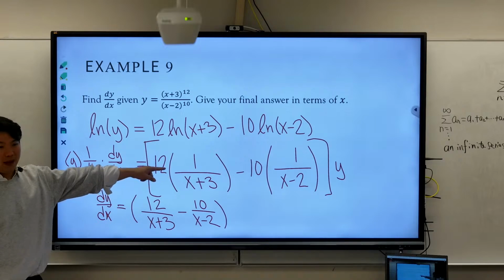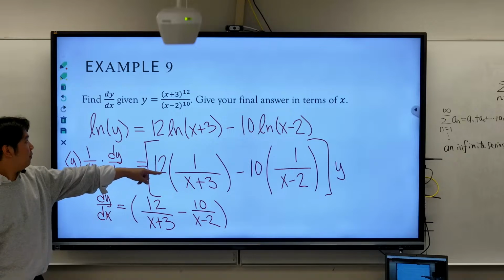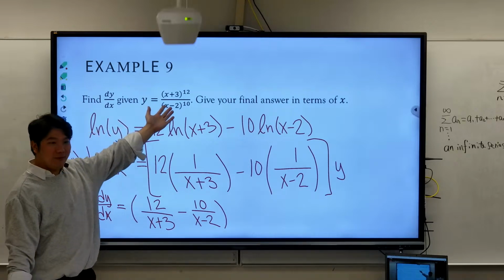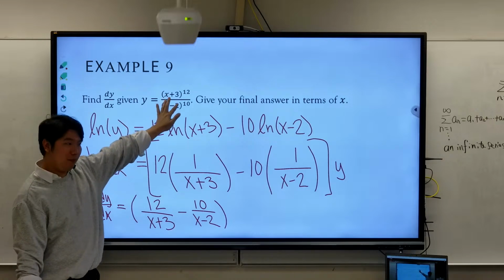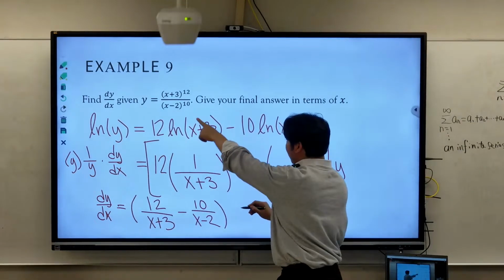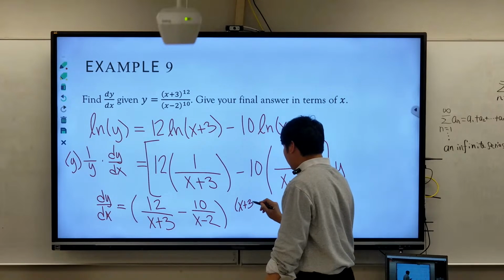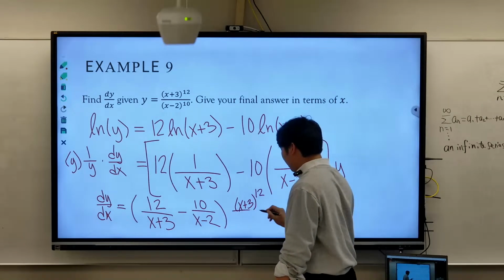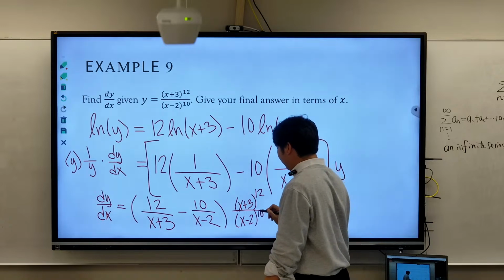But what can I replace my y with? I have this original thing up here. I can replace that y with this big function. So I can say that this is times, instead of y, x plus 3 to the 12th power all over x minus 2 to the 10th power.